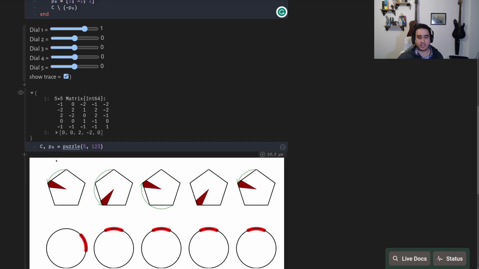So -1 is once to the left. -2 is counterclockwise twice. 2 is clockwise twice. 0 is 0. -1, etc. So you can just use these. And 0, 0, 2, 0, 0, 2, minus 2, 0 is the initial position. Okay, so you can try to solve this at your own time.